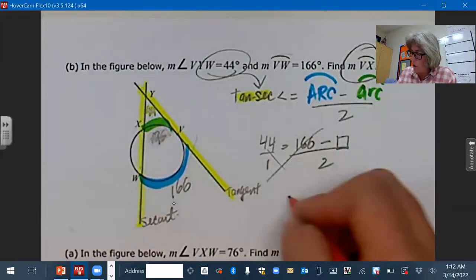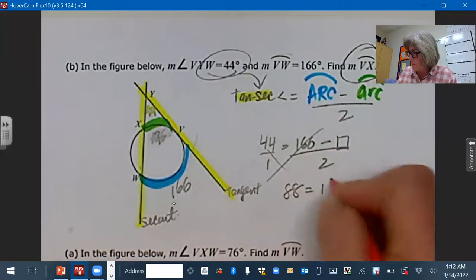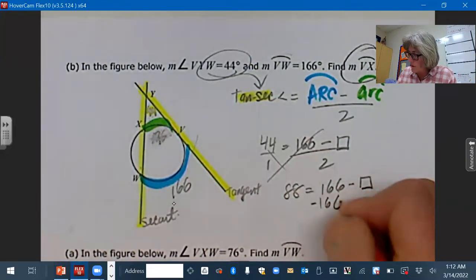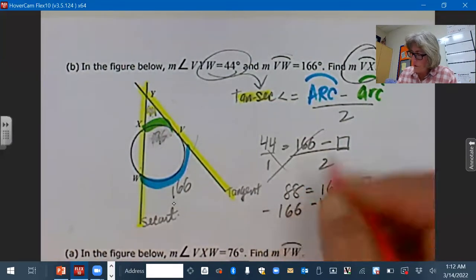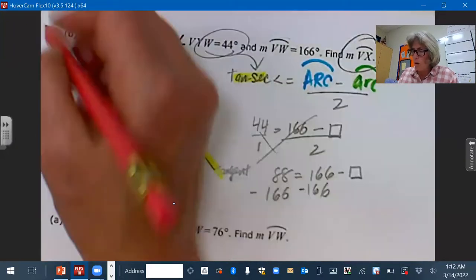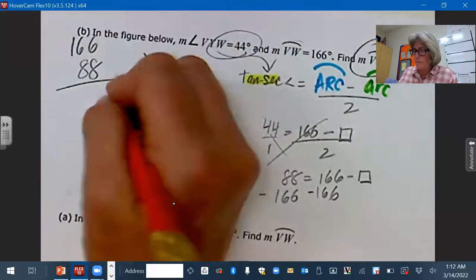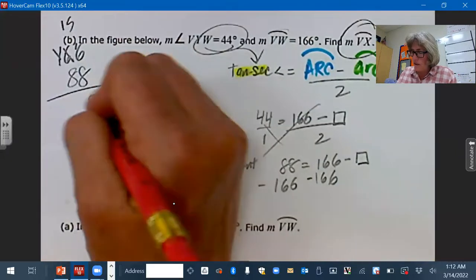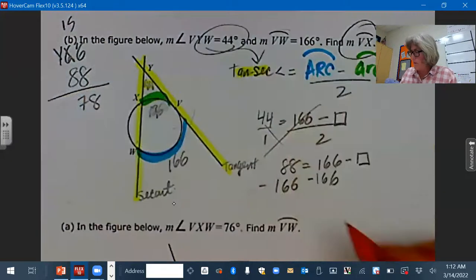We're going to cross multiply. Minus unknown. Minus 166. It's basically going to be 88 away from 166. It's 15, 16, that's 8, 7.